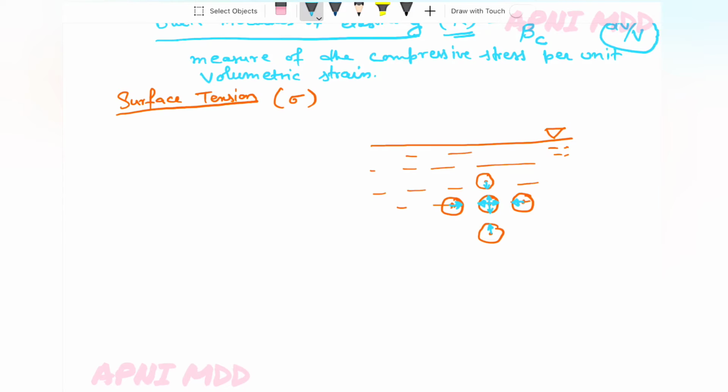Okay. So in this manner, whatever molecule is well inside the liquid, something like this molecule, on all those molecules the net force is zero. However, we have some molecules which are at the surface of the liquid.